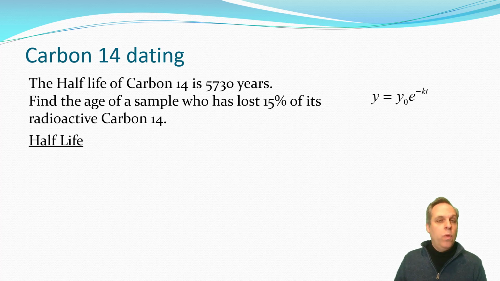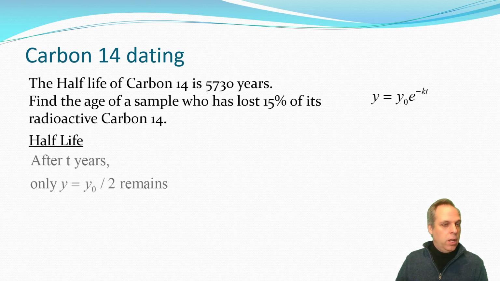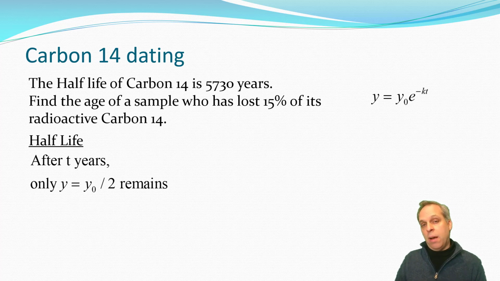Then, for the half-life, we know that after t years, only y sub 0 divided by 2 remains, because y sub naught is the amount of material we start with. So y sub naught divided by 2 is how much is left after the half-life period, whatever that amount is.